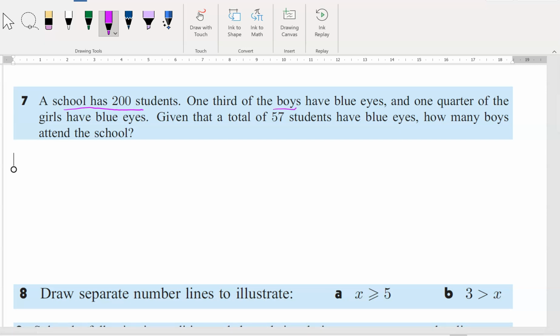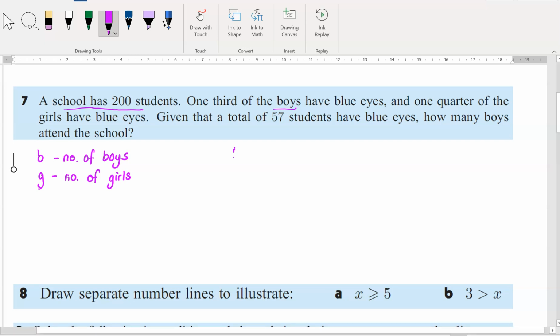So if we said B is the number of boys, and we'll say G is the number of girls, then because there's 200 students altogether, would you agree that the boys plus the number of girls has to equal 200?